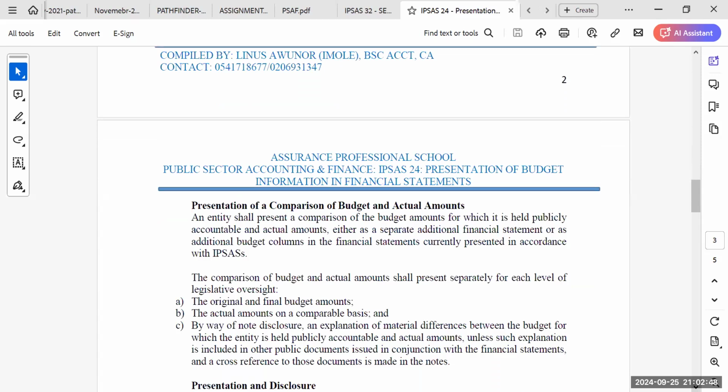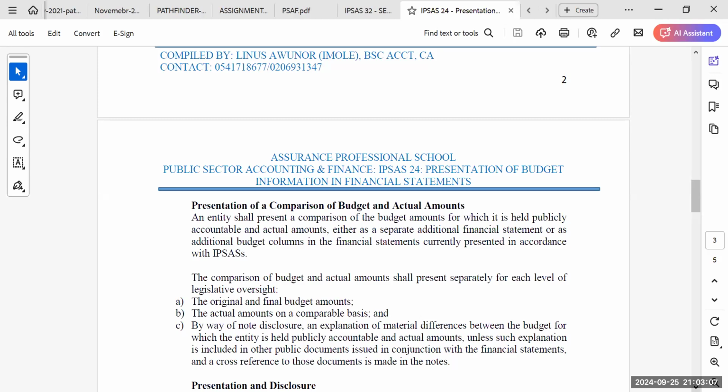Okay. What we are doing is looking at a presentation of a comparison of budget and actual amounts. What are we saying? You have to prepare a statement that will have the budget and also the actual amount, showing any differences.